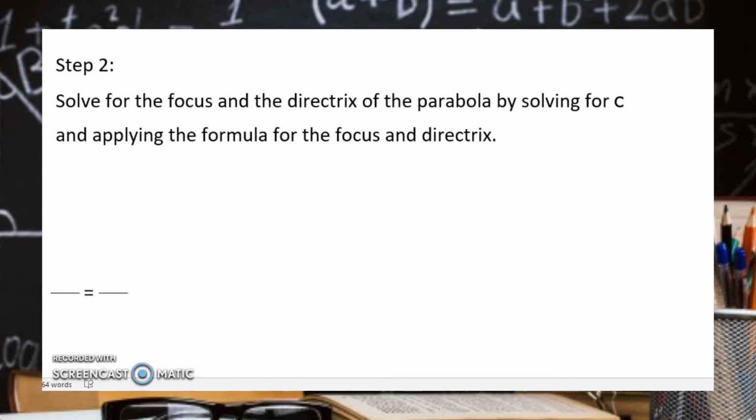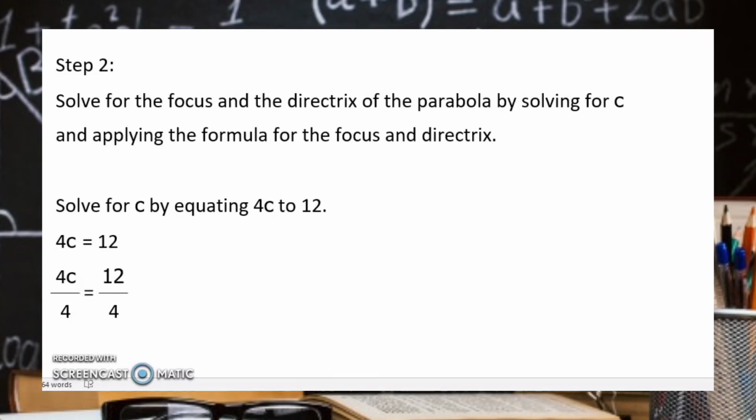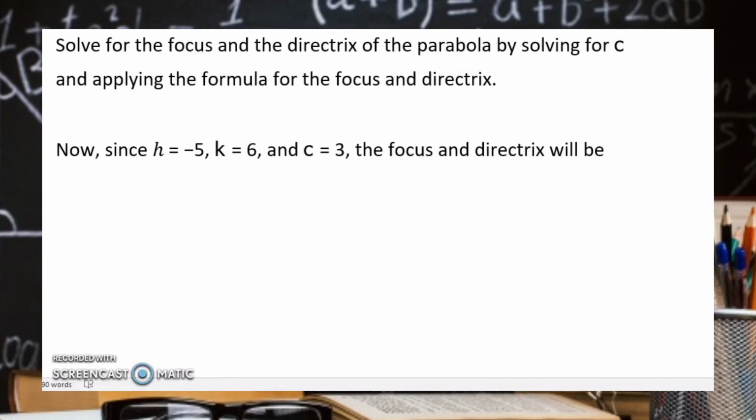The next step is to solve for the focus and the directrix of the parabola by solving for c and applying the formula for the focus and directrix. Solve for c by equating 4c to 12, so it becomes 4c equals 12. Then, we divide both sides by 4, so our c is equal to 3. So now, we have our h, k, and c.